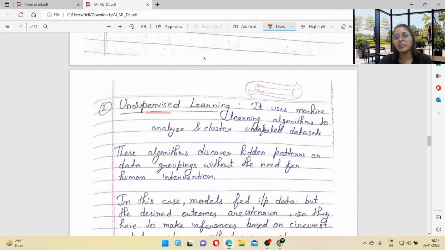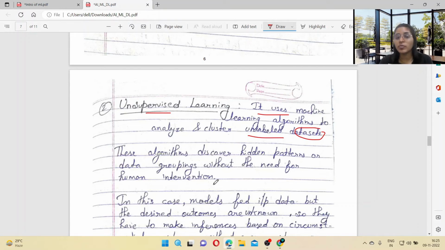You provide unlabeled data; you don't provide the output information, you only provide input. It uses machine learning algorithms to analyze and cluster an unlabeled data set. These algorithms discover hidden patterns or data groupings without the need for human intervention.